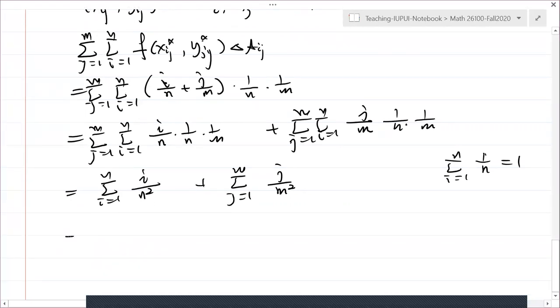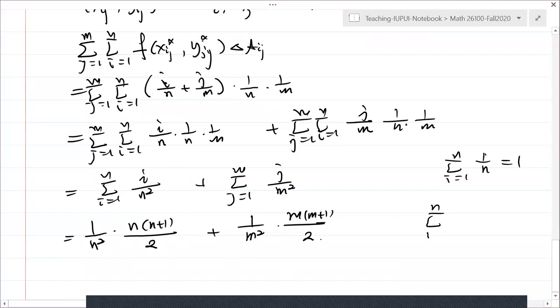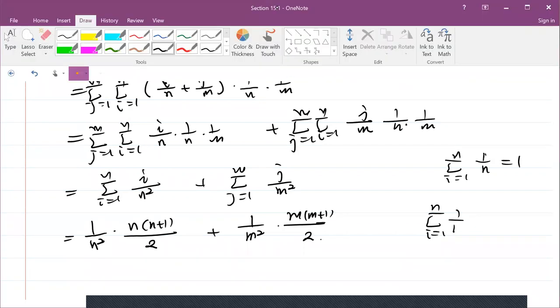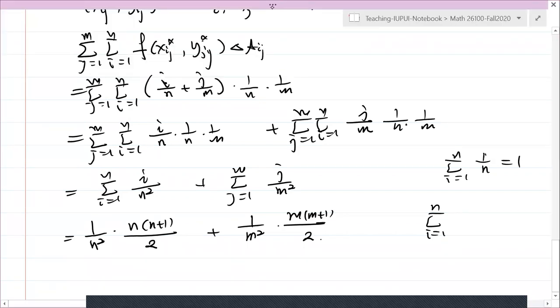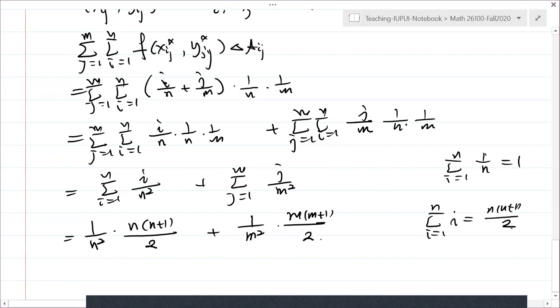Then we use the formula. The sum of i from 1 to n is going to be n times n plus 1 over 2. And here, with m squared, that will be m times m plus 1 over 2. Remember, this is the formula.